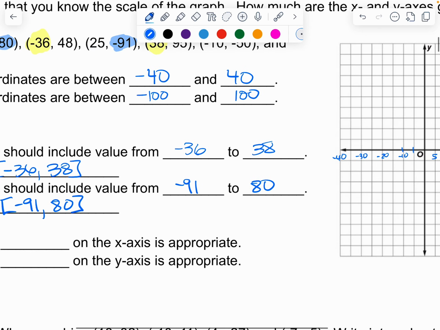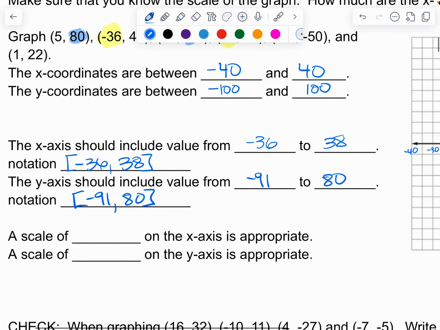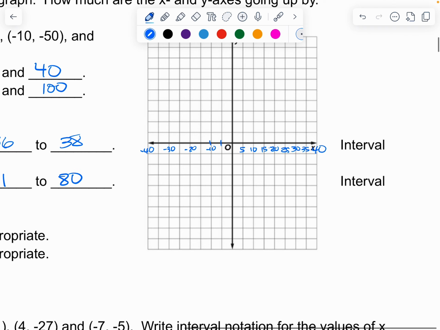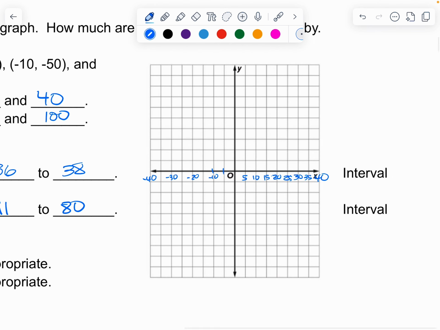Okay, so now I need to do the y-axis, and I need to get down to negative 100. So I'm thinking, can I do 5s? Let's see, 5, 10, 15, 20, 25, 30, 35, 40. Nope, that'll only get me to 50.